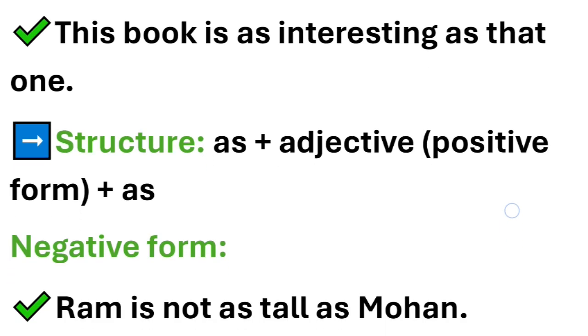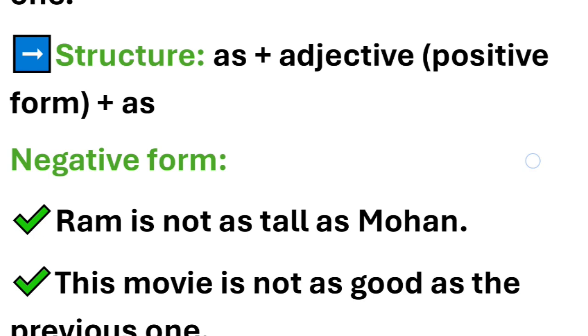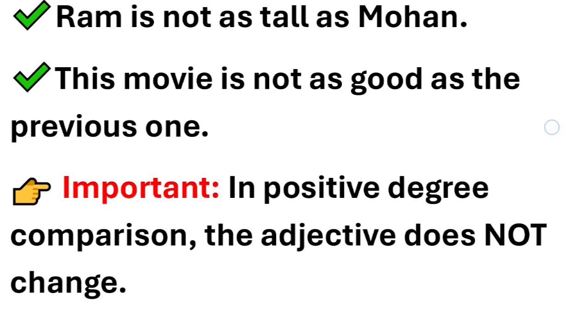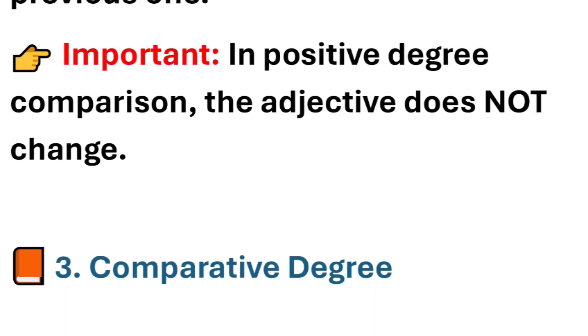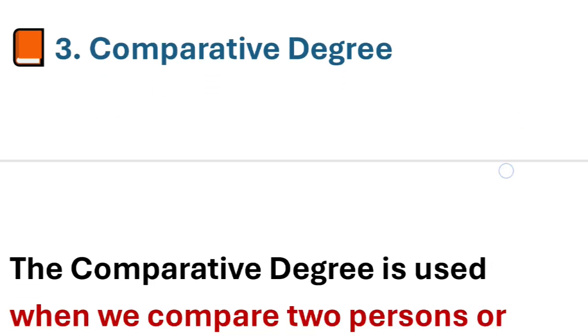But if you have to say this in a negative form, you will say Ram is not as tall as Mohan. This movie is not as good as the previous one. The important thing to remember over here is that in positive degree comparison, the adjective does not change. The adjective always remains the same. This is the only thing that we have to keep in mind while talking about the positive degree.